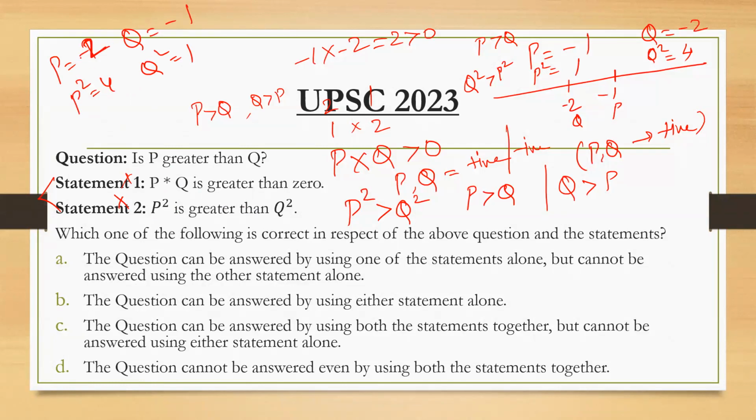P into Q is minus 2 into minus 1, which is 2, greater than 0. We will get many such possible values where P can be greater than Q or Q can be greater than P. Again, we cannot definitely say even when we combine both statements together. Is it clear? So here the answer will be what?